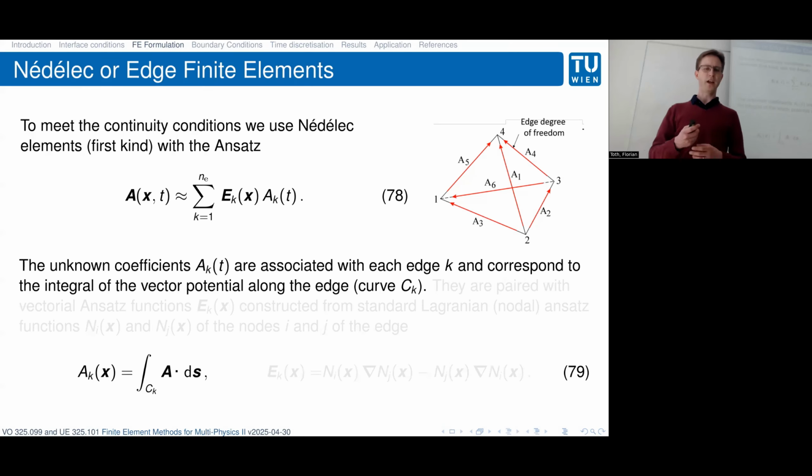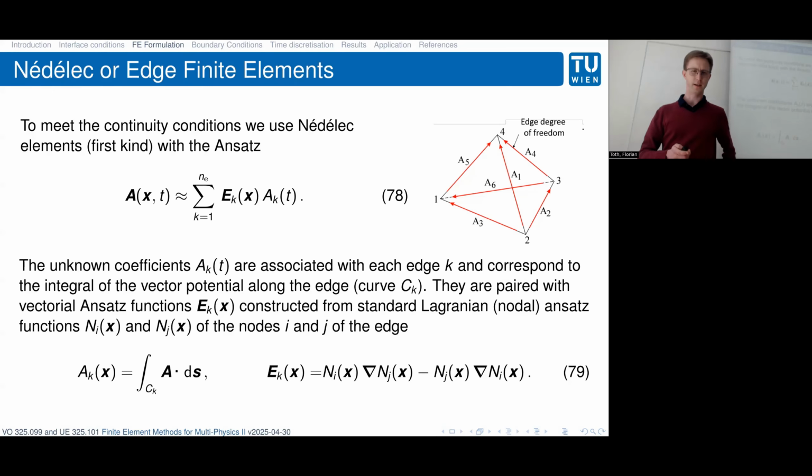And these unknown time-dependent coefficients associate each edge with the corresponding integral of the vector potential along the edge. In fact, in practice for engineering applications, the meaning of this coefficient does not matter so much. We are primarily interested in the curl of A as the magnetic flux density.